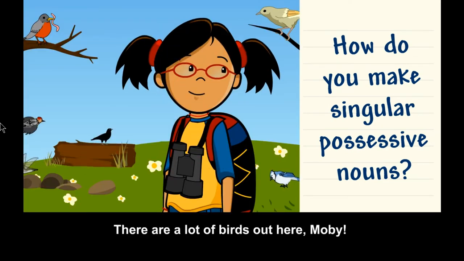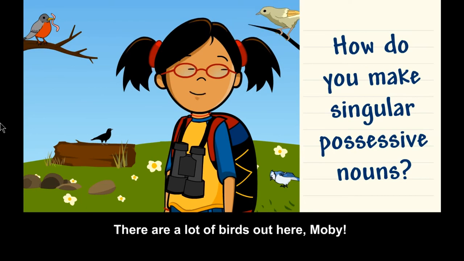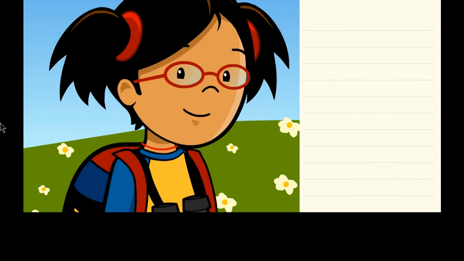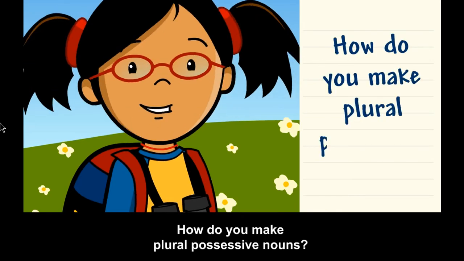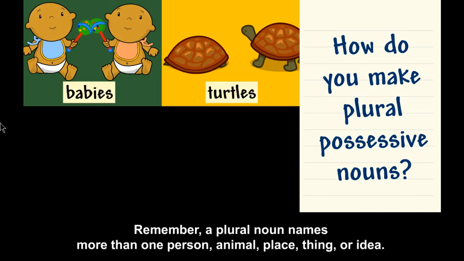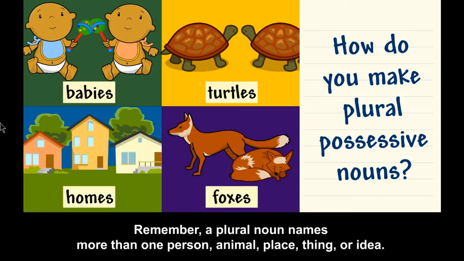There are a lot of birds out here, Moby. How do you make plural possessive nouns? Remember, a plural noun names more than one person, animal, place, thing, or idea.